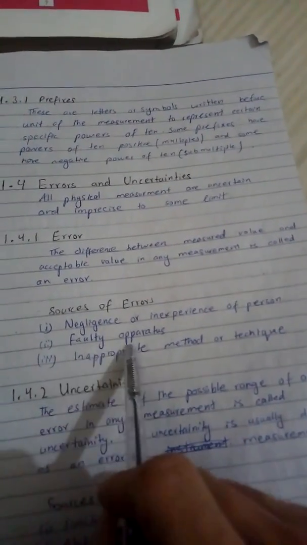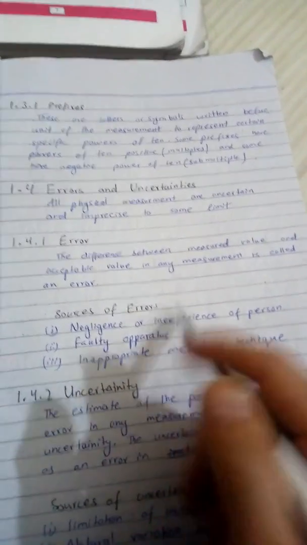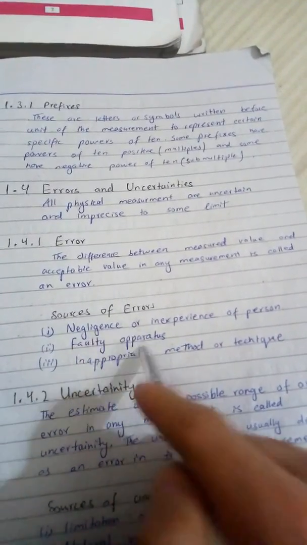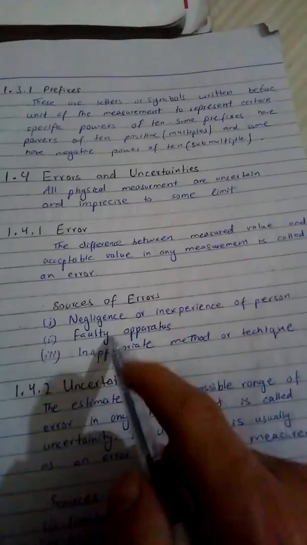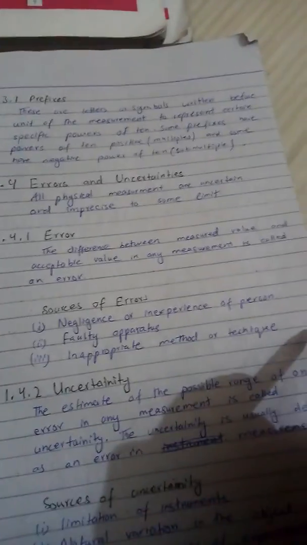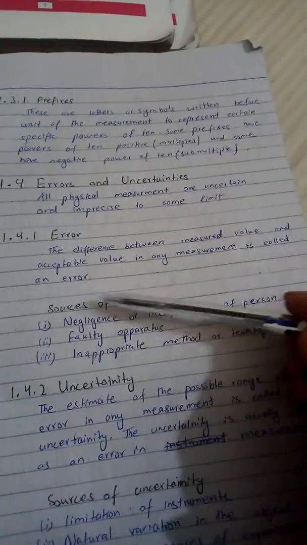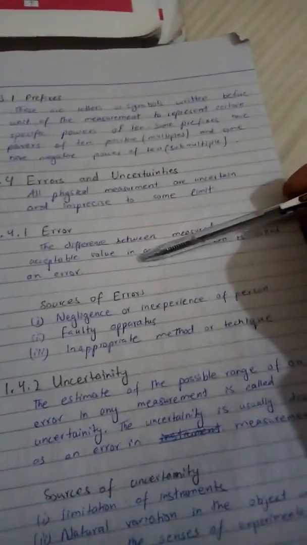If the instrument is faulty, for example it's very old, say 5 to 10 years old, then it will make some errors because it's not appropriate to use, it's a faulty apparatus. And the third one can be an inappropriate method or technique used by the person. So these are the things which can cause errors.